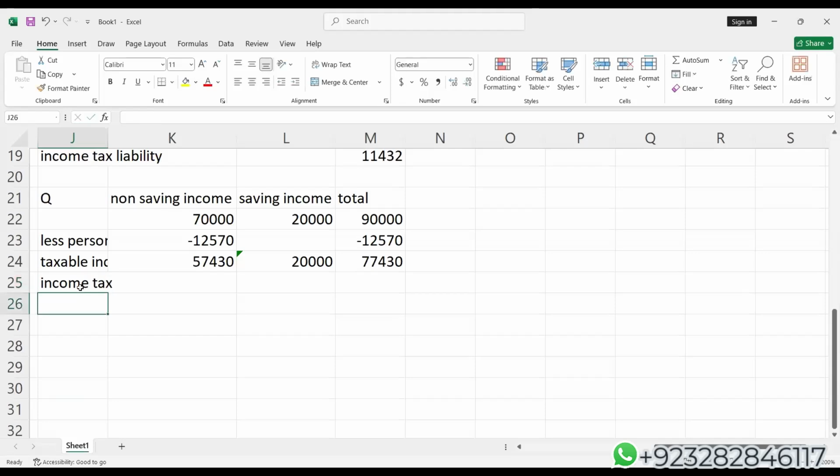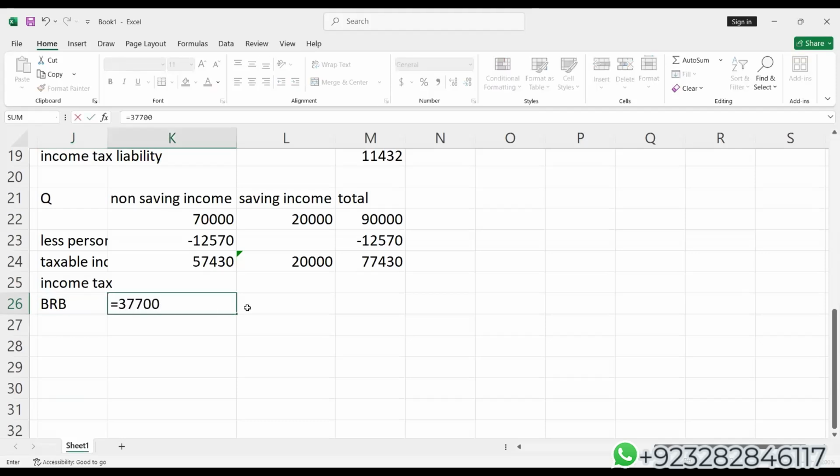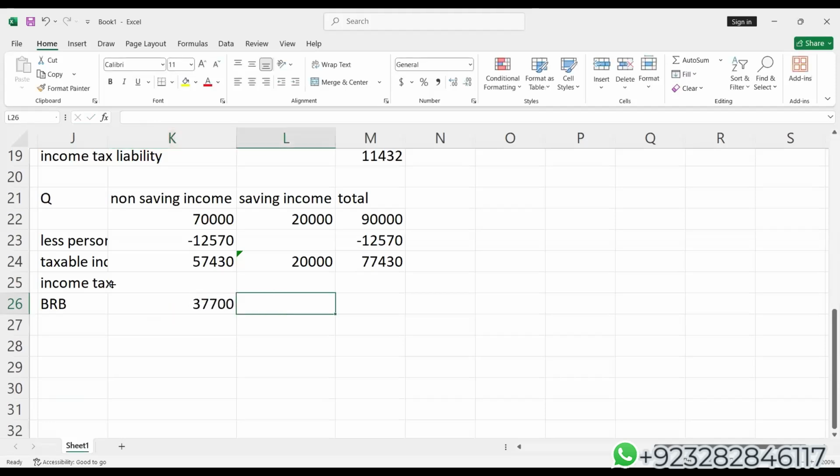Income tax, basic rate band: again, the limit is 37,700. But this time, it is highly advisable that you mention the source, and this is non-saving. The applicable tax rate is 20%.